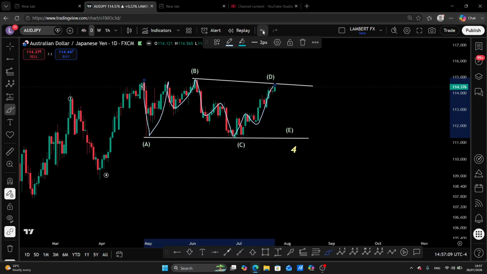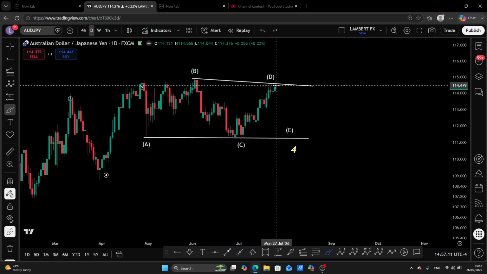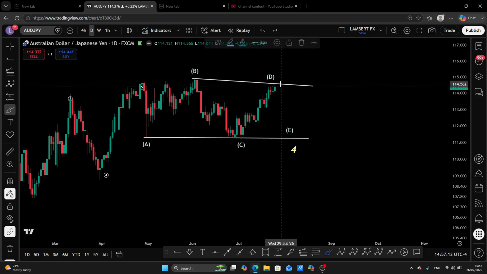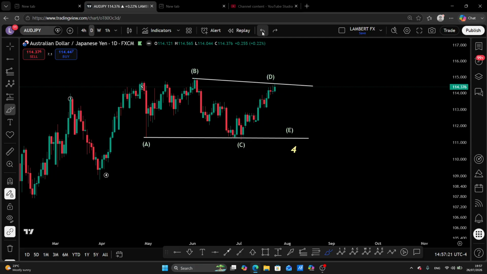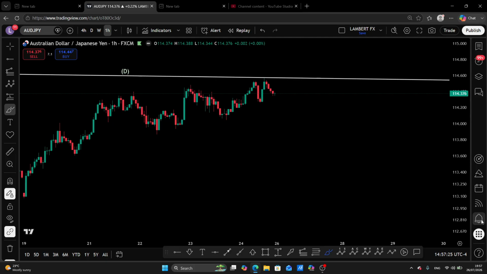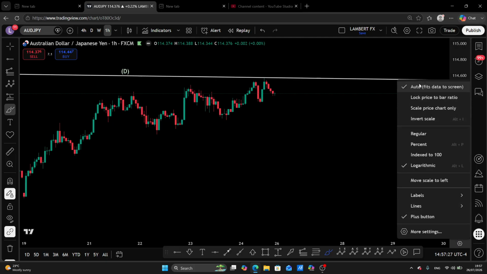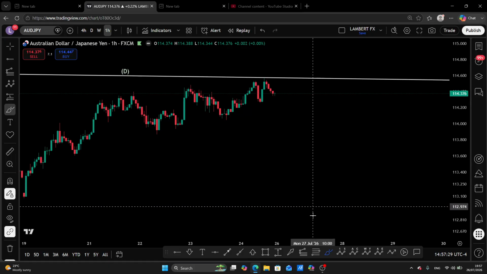So what I'm looking for this week is some sort of shorting signal here to go short. Although if I drop down to the 1 hour time frame, we actually have a selling signal. Yeah.